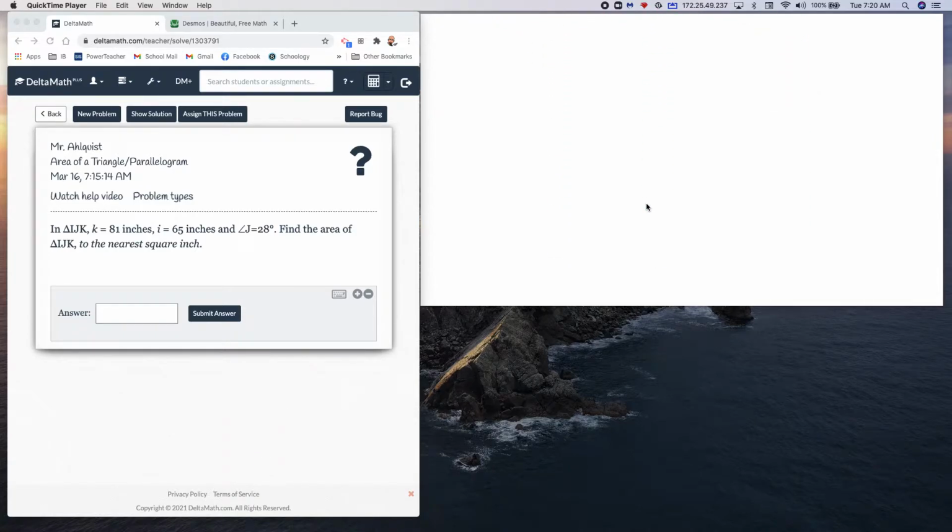So for example, take this problem right here, and it says you got IJK. Again, it doesn't matter, but you probably should get in the habit of drawing the triangle, because if you don't, chances are you'll come up with some weird numbers. But side K is 81 inches, side I is 65 inches, and angle J is 28 degrees.